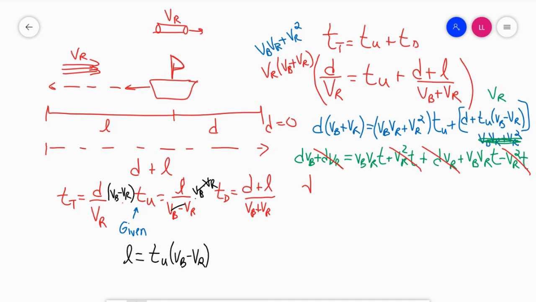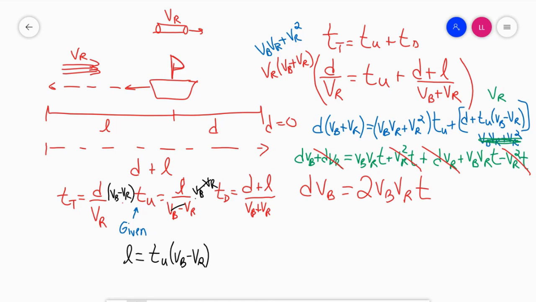If I collect things together, over here I have d times the velocity of the boat, and over here we got a VB VR T plus a VB VR T, so that's 2 VB VR T.